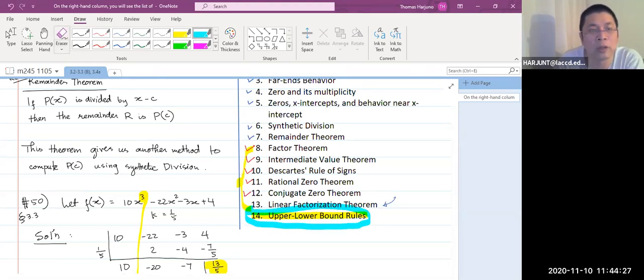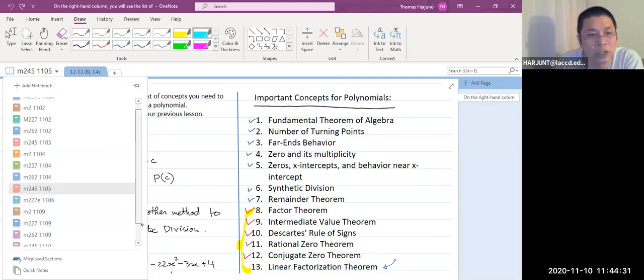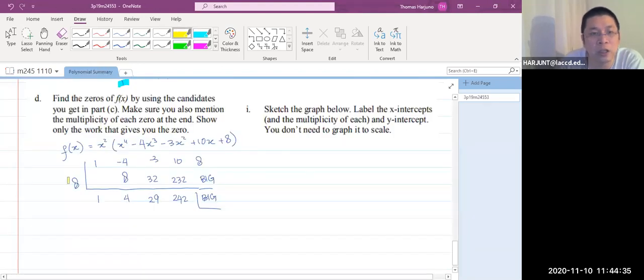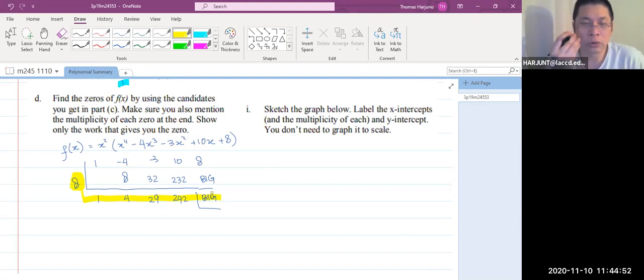Now I can talk about that briefly, and I will just show you under what situation we know that's an upper bound. Notice that if this is a positive number, and all of this positive number, it means there's no more zeros to the right of 8.